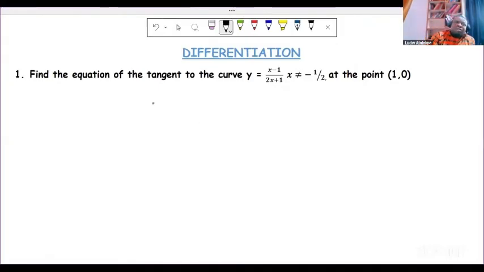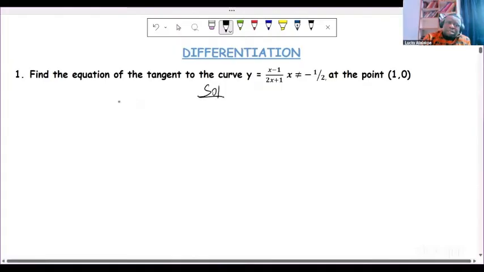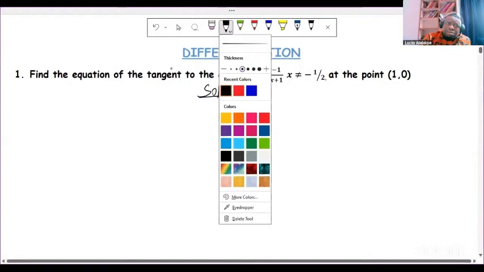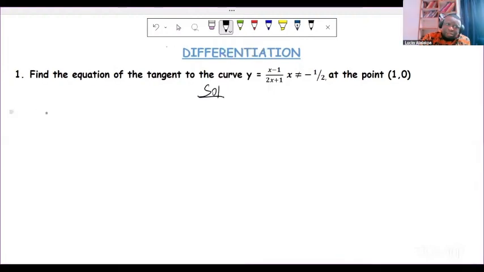So the first question here says, find the equation of the tangent to the curve y equals x minus 1 over 2x plus 1, where x is not equal to negative 1 over 2, at the point (1, 0).